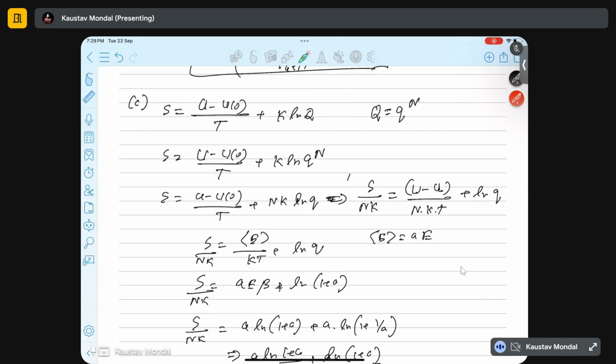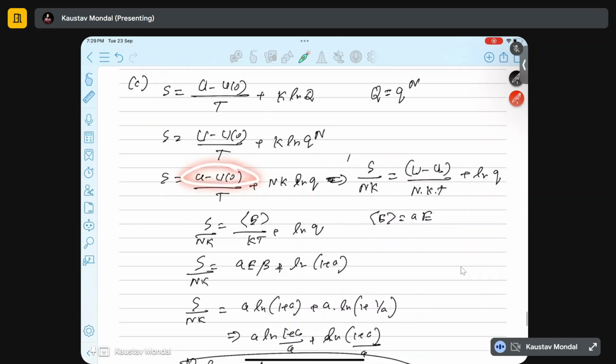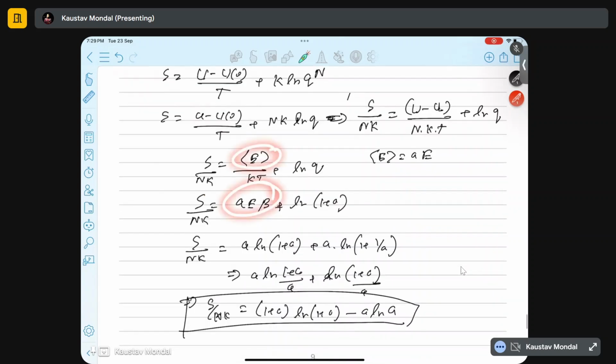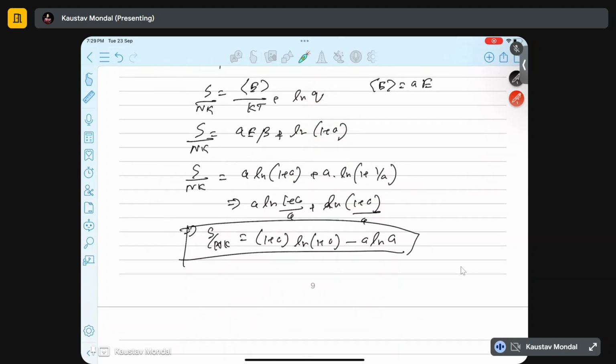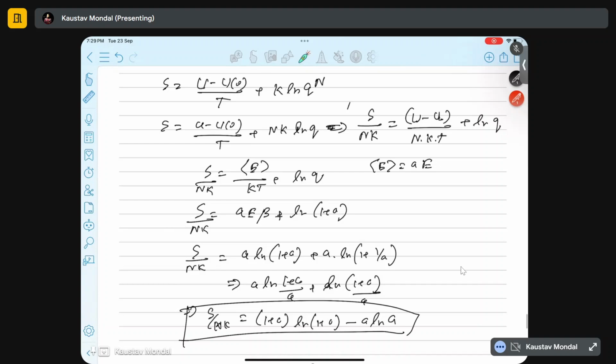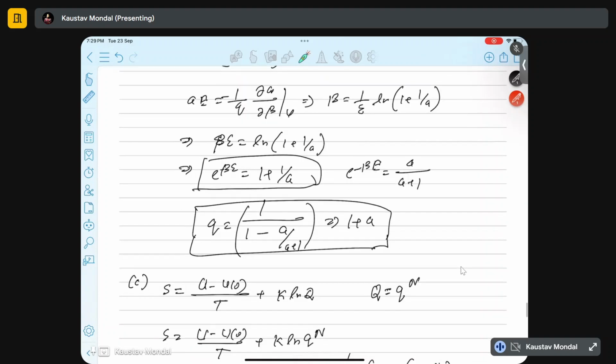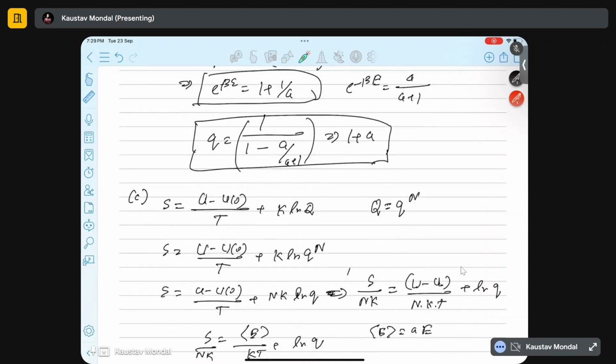From there, this is basically the mean energy, so put the expression of the mean energy there. We put the expression of the partition function Q there, and after doing all of this, we got the entropy S by NK equal to this expression. So that's how you can get the calculation of the entropy.